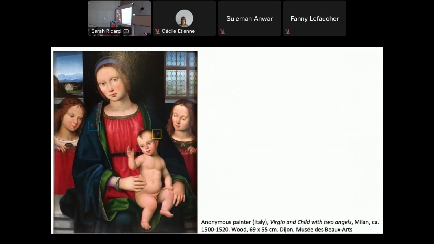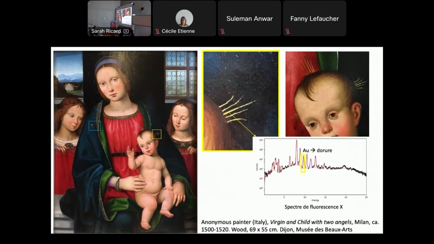And so throughout our visit, we came to this painting that is a Madonna, where we could identify 3 areas that appear to be gilded: a star on the mantle, the rays behind the head of the Christ, and the orphrey of the Virgin's robe. But actually, only one of these 3 motifs is made with gold.